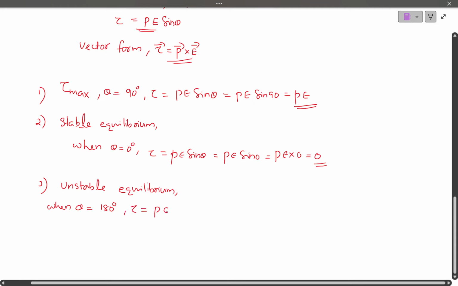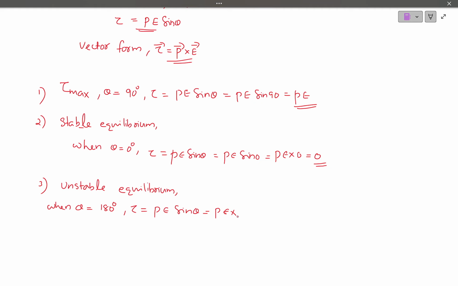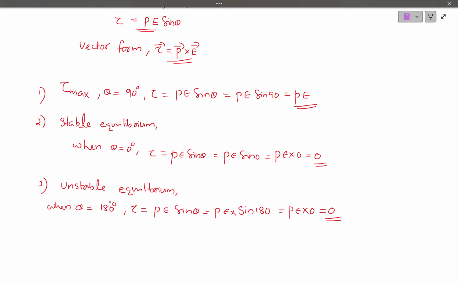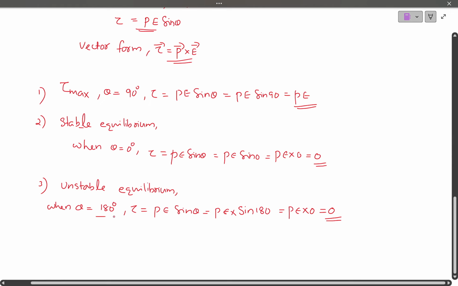Therefore, torque equation tau equals PE sin theta equals PE sin 180. So as you know, sin 180 is 0. Therefore, PE cross 0 equals 0. So this is the case for unstable equilibrium when theta equals 180 degrees.